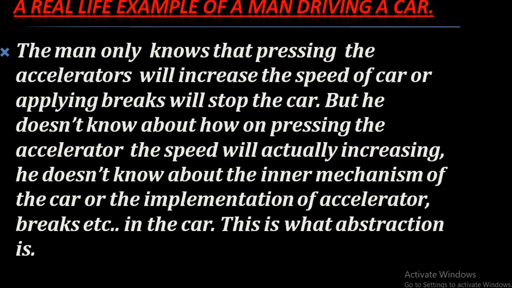But the driver doesn't know how, on pressing the accelerator, the speed actually increases, or how the car stops when we apply the brake. He doesn't know about the inner mechanism of the car, or the implementation of the accelerator or brakes. So this is what abstraction is.